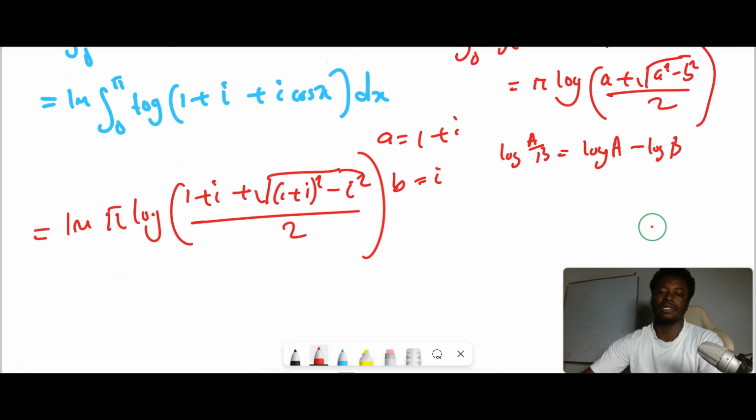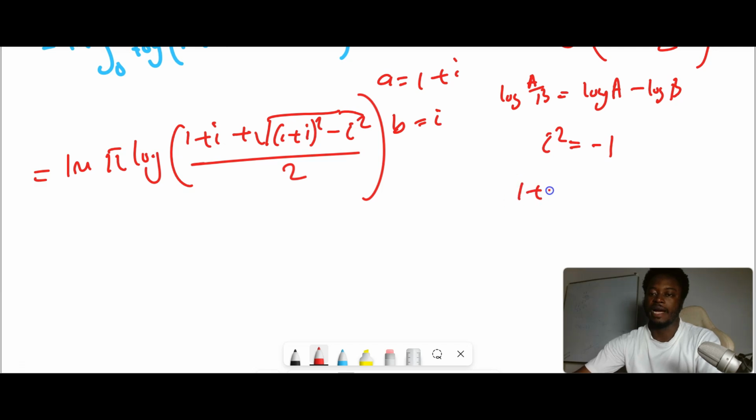Essentially we could write this as, notice that i squared is negative 1, and also 1 plus i to the second power is 1 plus 2i minus 1, which is essentially going to be 2i.